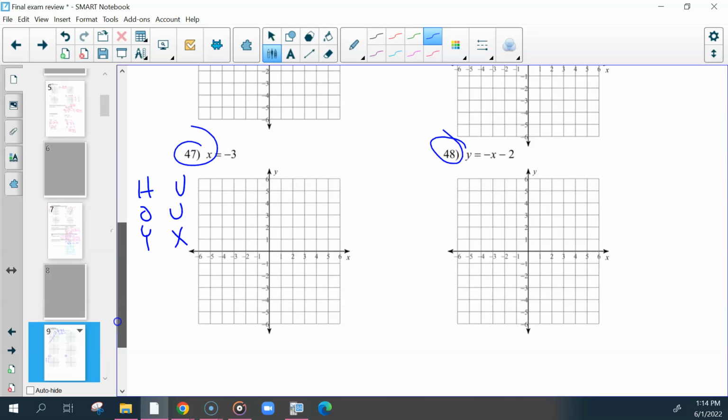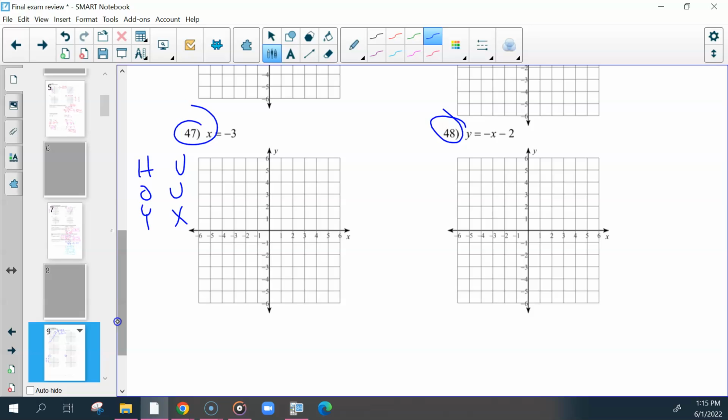Since this is an x equals, I know this is going to be a vertical line. So when x equals negative 3, I'm going to make a vertical line through that point. Questions on that one?